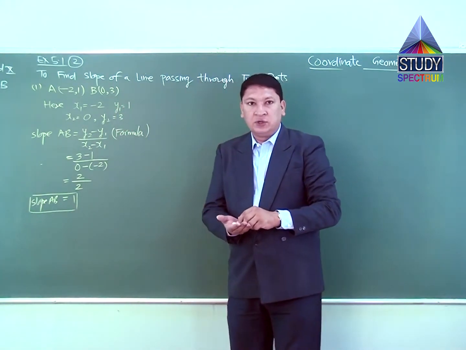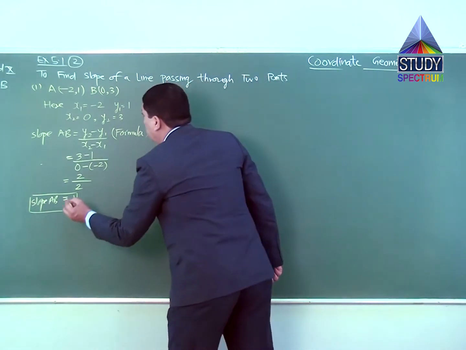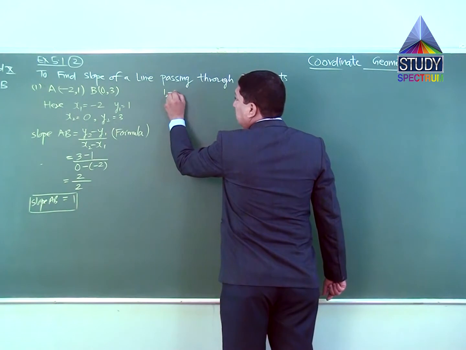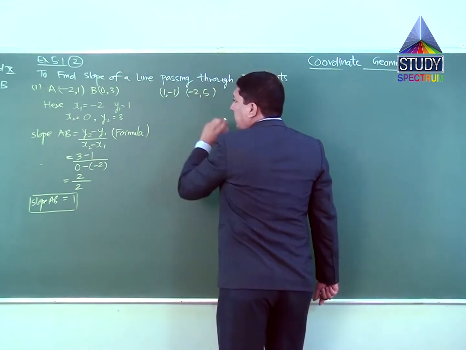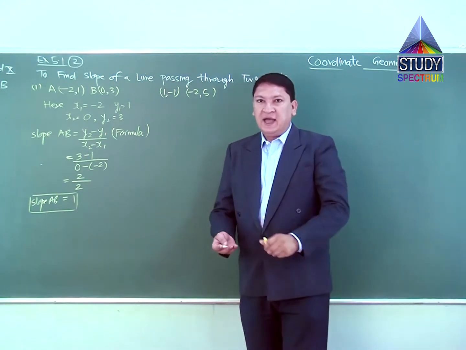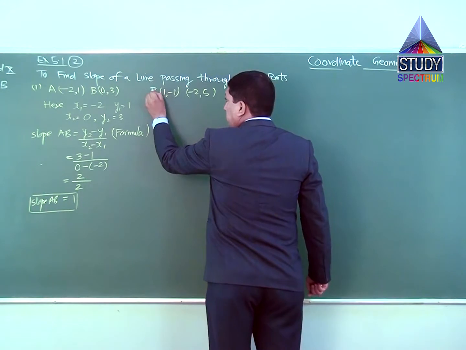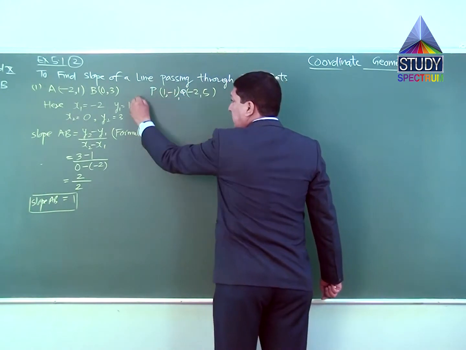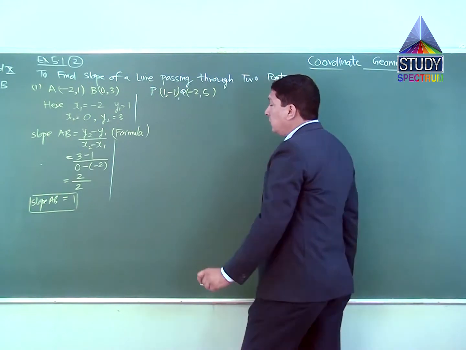We'll take the second sum also. Second is 1, -1 and -2, 5. These are the points, and the names of the points given to us are P and Q. Again we need to find out the slope of line PQ.